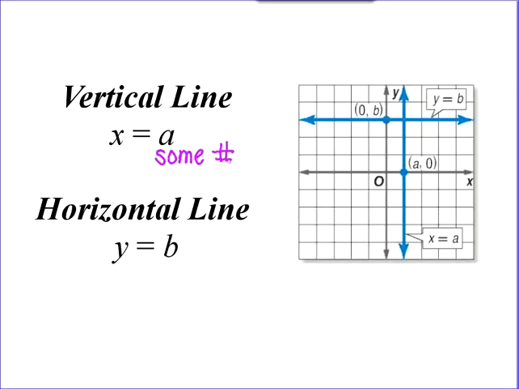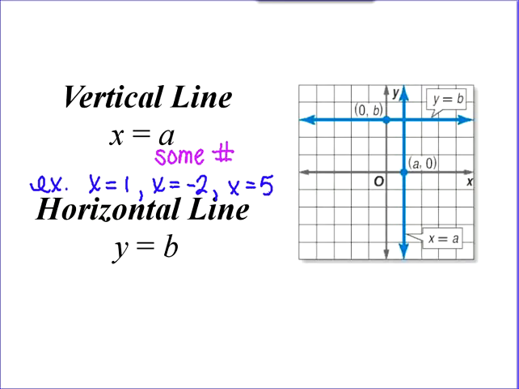So examples would be x equals 1, x equals -2, x equals 5. Those are all examples of vertical lines.